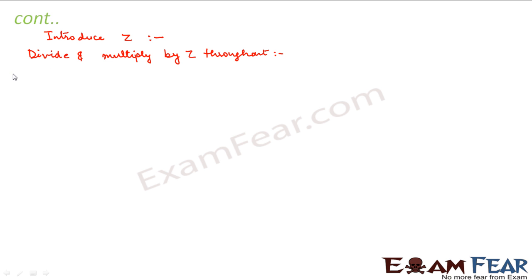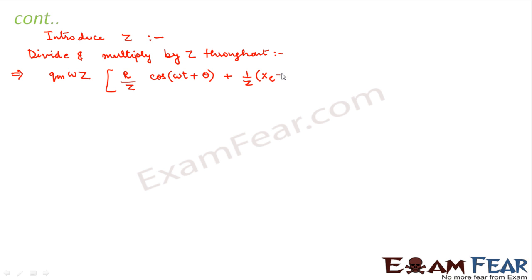So what do I get? I get Qm into omega into Z into R by Z cos omega t plus theta plus 1 by Z XC minus XL sine omega t plus theta is equal to Vm sine omega t.